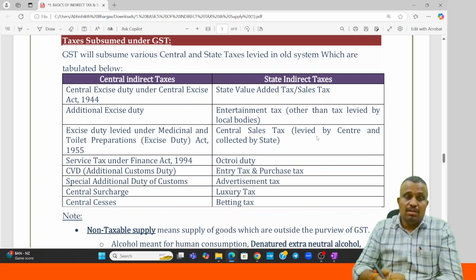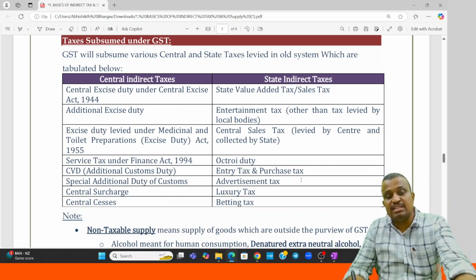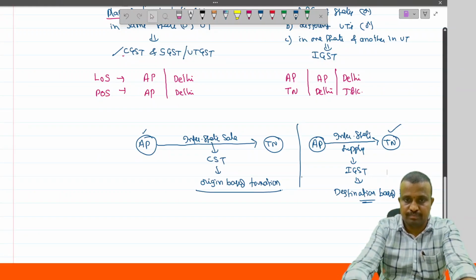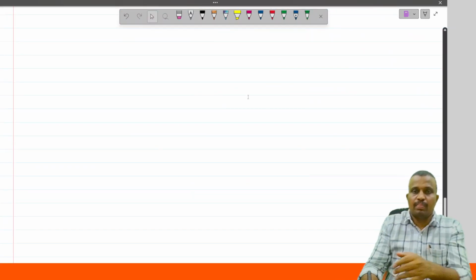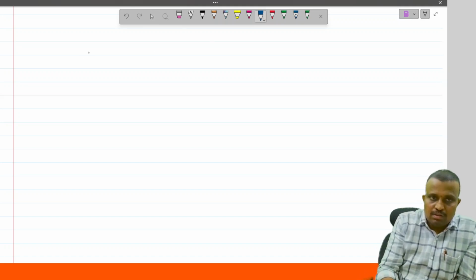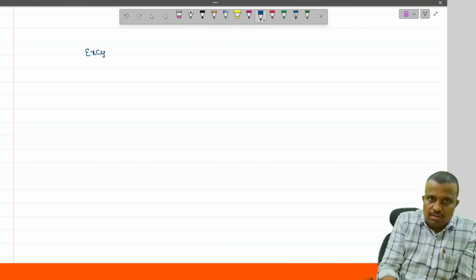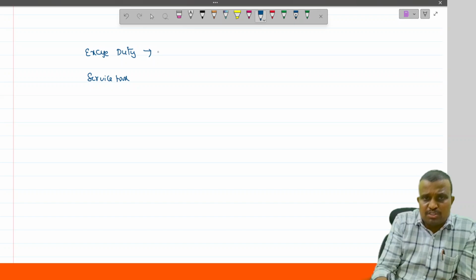In the case of previous indirect taxes, excise duty is levied based on manufacturing of the good.